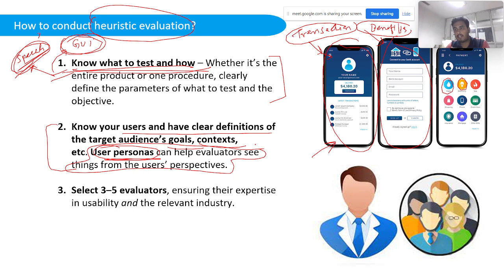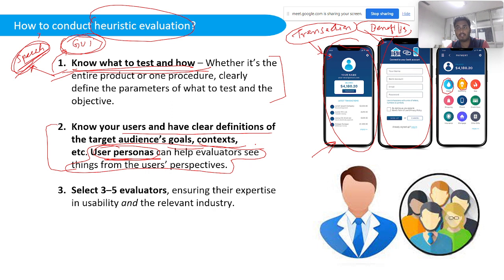Because for certain heuristics like efficiency, they are experts and might think that something is not efficient, but they need to think from the user perspective.